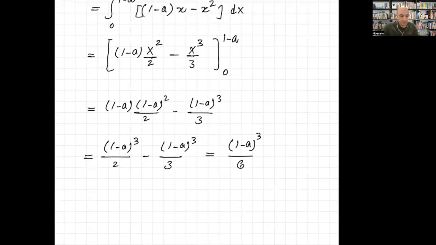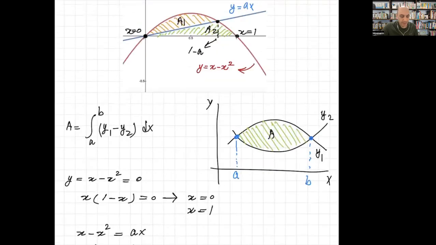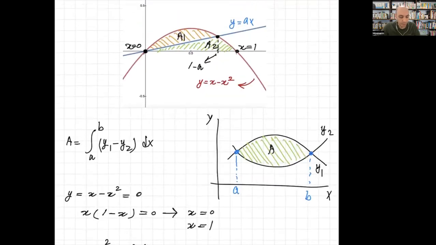Now, we want this area to be equal to A2, which is this area below the line. One approach is to just calculate the area A2, which is, I see a right triangle here plus this little area here.